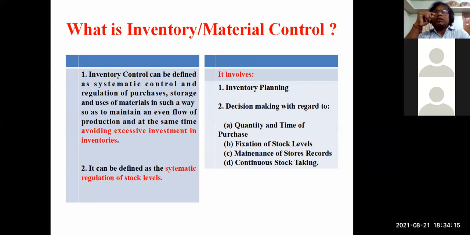And if you purchase too little, then maybe your money will not be blocked, but your production will be hampered. So exactly how much to purchase, that is the fixation of stock levels. And there may be a 15 marks question on fixation of stock levels. Let me tell you in a simple way, and later on you can write a big answer. One is maximum level.